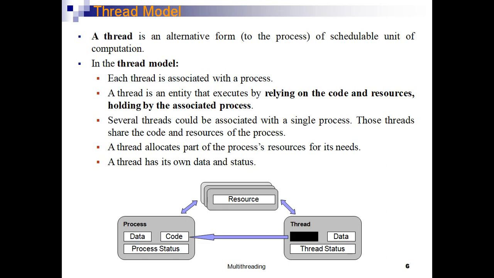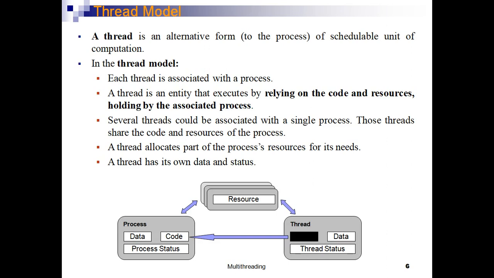If a process doesn't have multiple threads, whatever the main thread is, that will be the whole process. Okay, so it is the responsibility of the process to allocate the required memory for the threads.